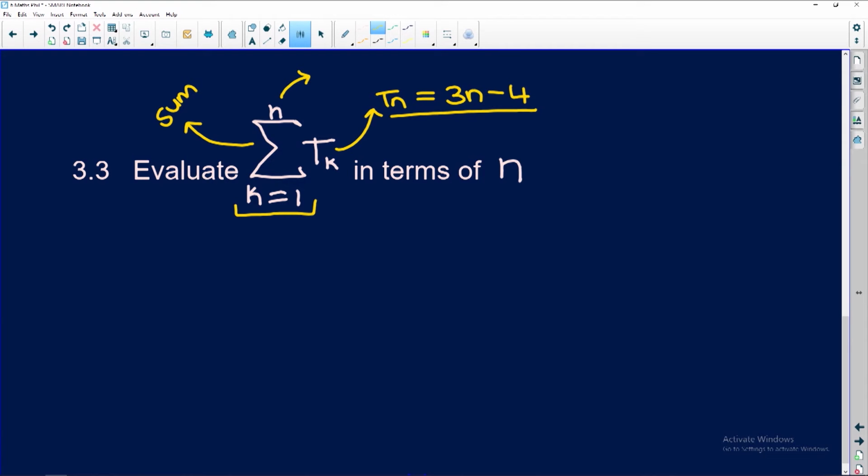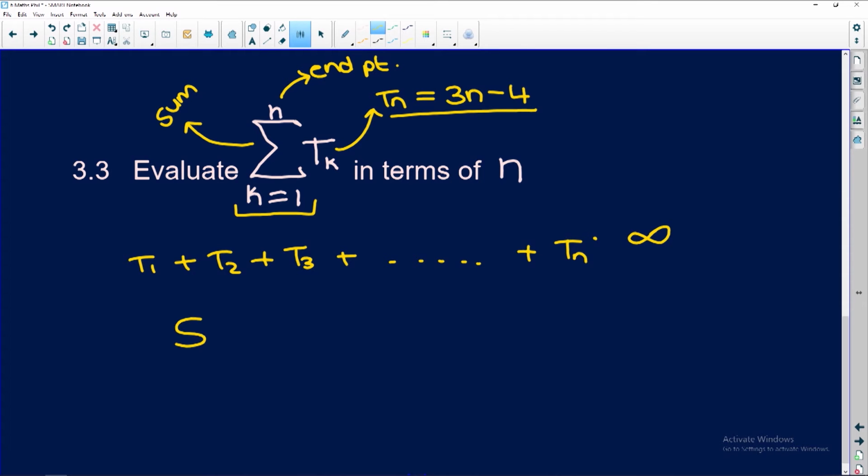Because we are not given the specific endpoint, we're going from term 1 plus term 2 plus term 3 all the way to term n. We don't know how far we're going, so you can assume infinity, but we're going to n.